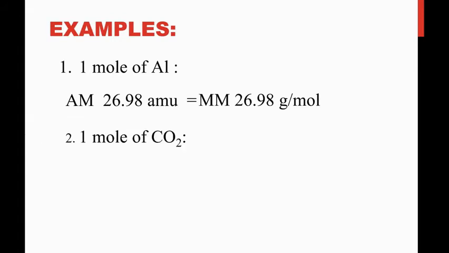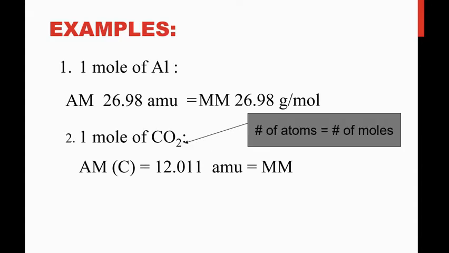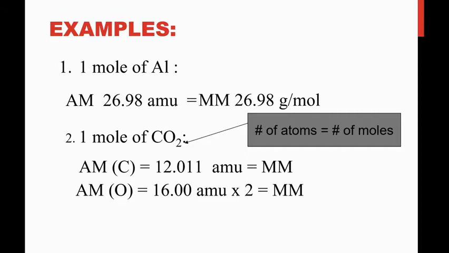What about carbon dioxide? Well, carbon dioxide has 2 different elements, and it also has 2 oxygen atoms. So we have the mass of carbon, which is 12.01, and we have 2 times the mass of oxygen. So you need to multiply by the number of atoms. So 2 times 16.00 is going to be the mass for oxygen.